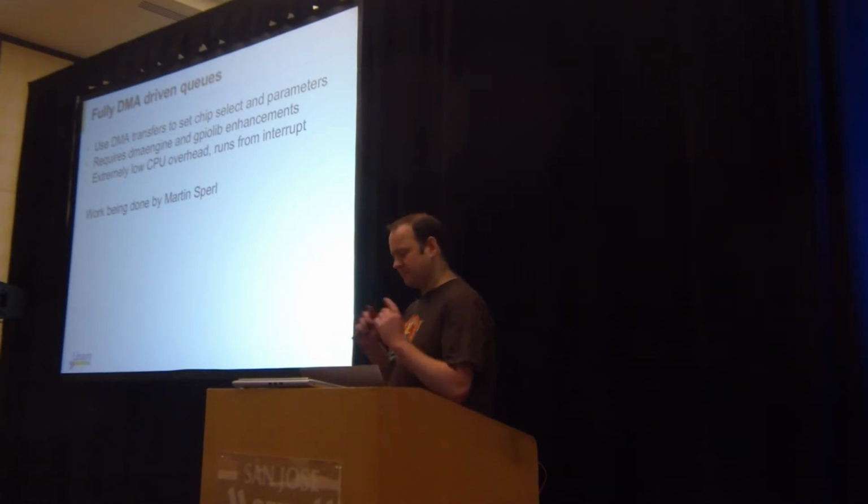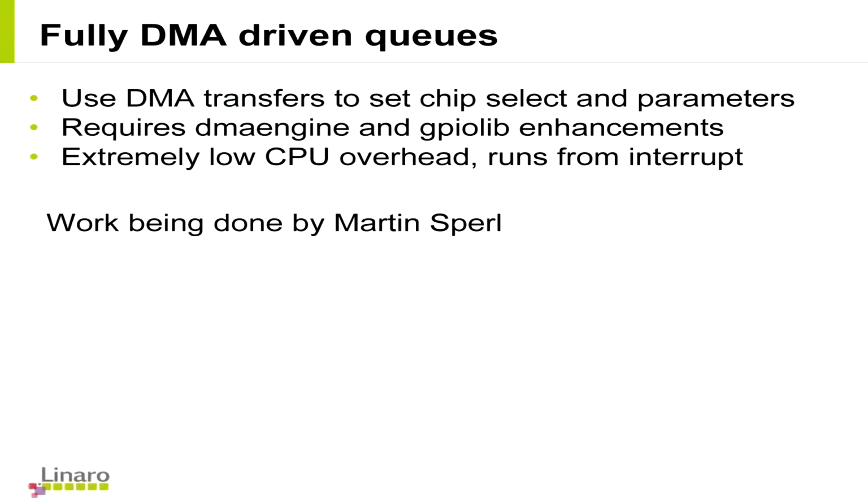The DMA engine is as capable of writing to the controller control registers as it is of writing to the controller data FIFOs. So, especially in conjunction with the pre-validated messages, we can get some really nice performance improvements because we could just add something to the controller queue. The controller will do everything in hardware.